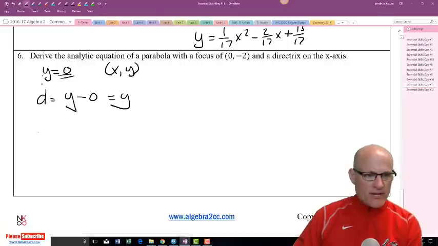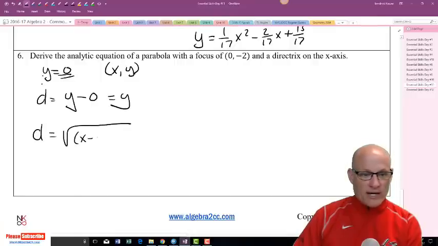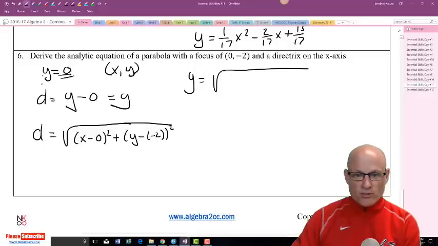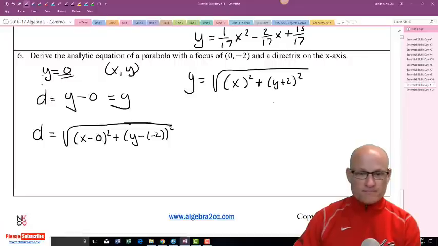And then the other distance is going to be the square root of x minus 0 squared plus y minus -2 squared. Now I set those distances equal to each other. Y equals the square root of x squared plus y plus 2 squared. Square both sides. This problem becomes a little bit easier. The hard part was that, I guess.